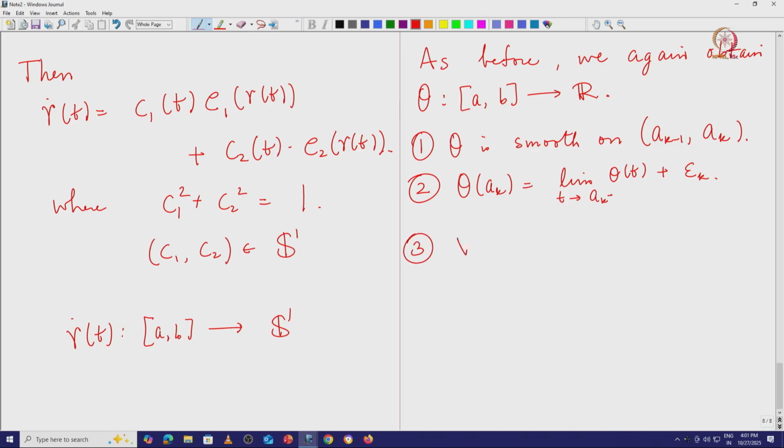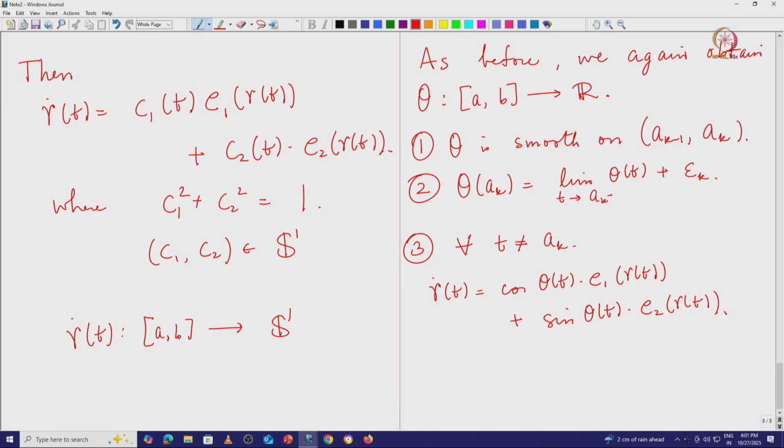And then finally, it should satisfy this crucial relation that gamma dot of t is precisely cosine of theta t times E1 of gamma of t plus sine of theta of t times E2 of gamma of t.